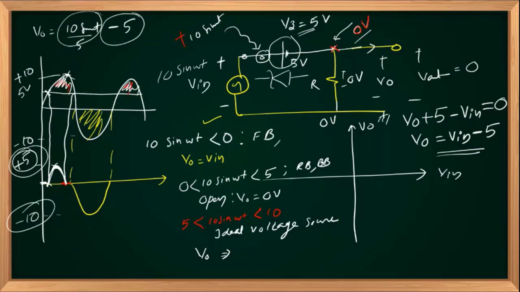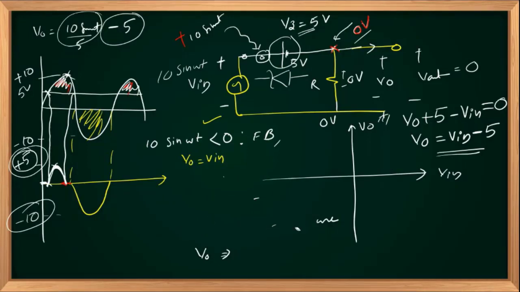Then we have to plot the transfer characteristics. Based on the transfer characteristics, you can easily identify the output waveform, the operation of the circuit, or the status of your Zener diode. So once your transfer characteristics are ready, everything else can be evaluated, right?